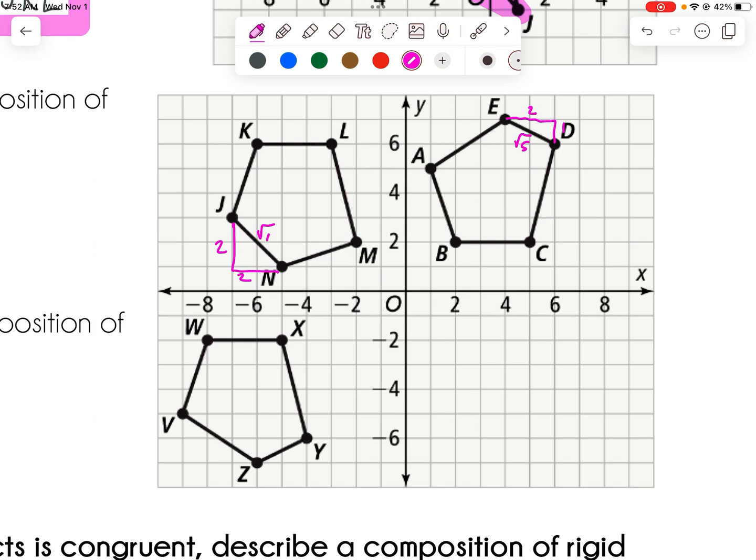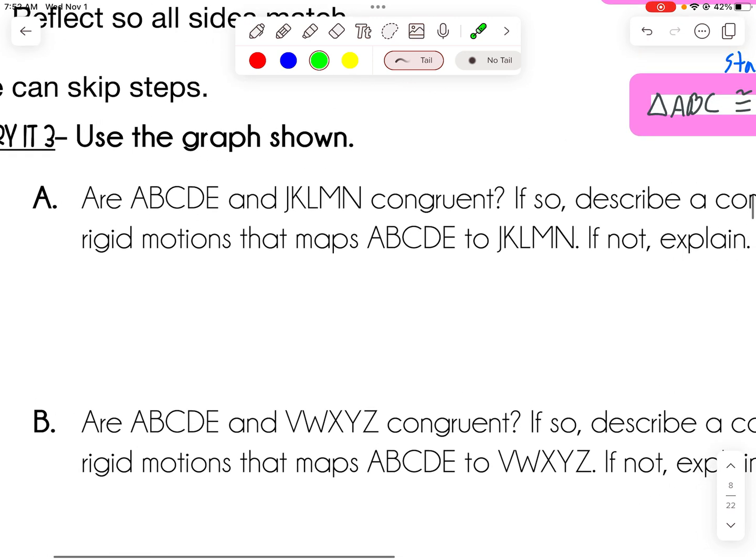This is actually going to be the square root of 8. So, are these congruent? No, because they don't have the same slope triangle. These slope triangles are slightly different. So we can say that ABCDE is not congruent to JKLMN.